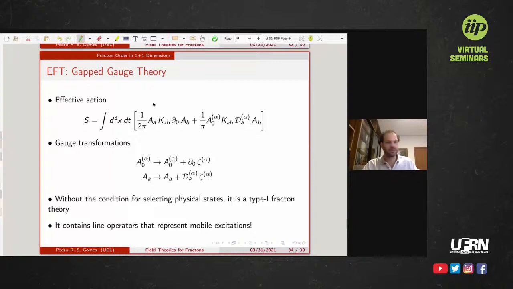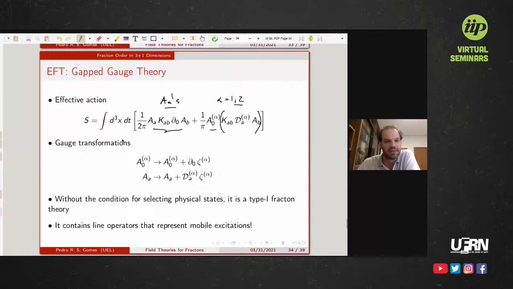And again, we can construct the effective action. You see the ground state constraint here. Alpha is 1 or 2 because we have 2 flavors of cubes, 2 types of cubes. And here are the Lagrange multipliers. And this first term is responsible, again, for the commutation relations between the A fields, right?